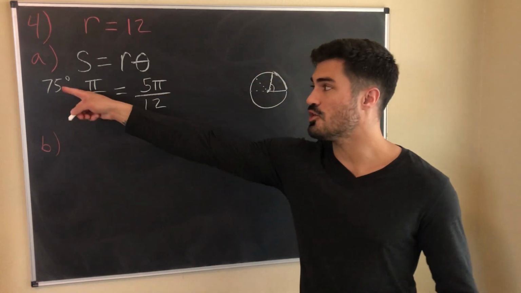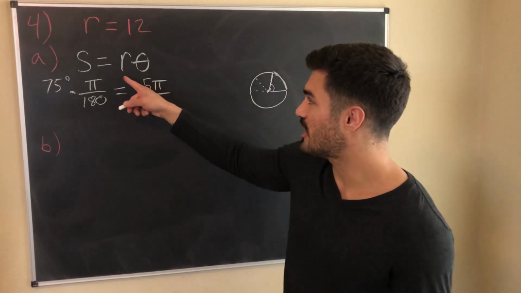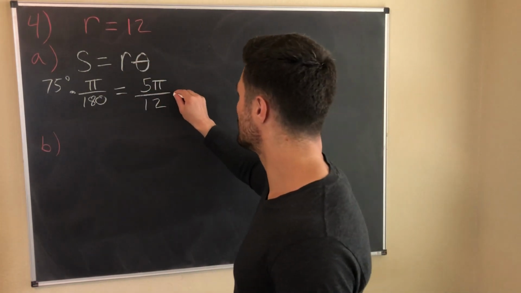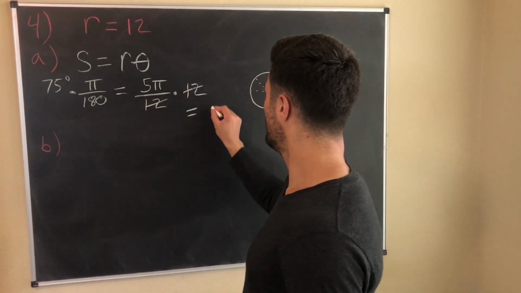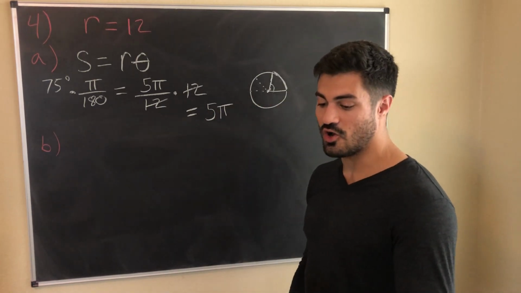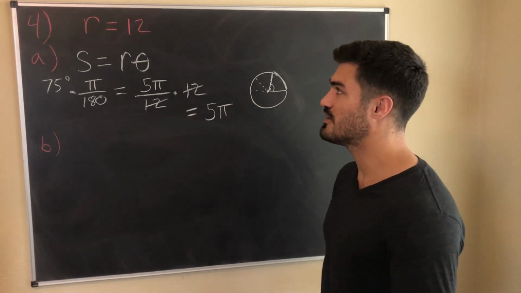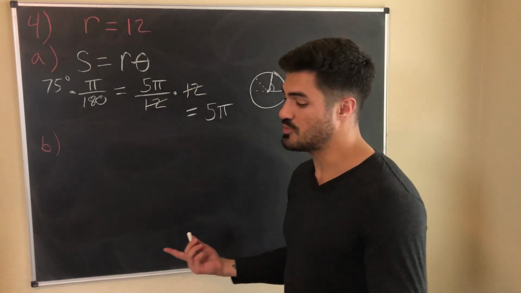So this is our angle, 75 degrees, but it's now in radians. And we take this and we multiply it by the radius, which is 12. And this is going to simplify pretty nicely. Our 12s cancel. And what we're left with is 5 pi. So that is the length of the arc subtended by a central angle of 75 degrees with a circle with radius 12. So that's part A.